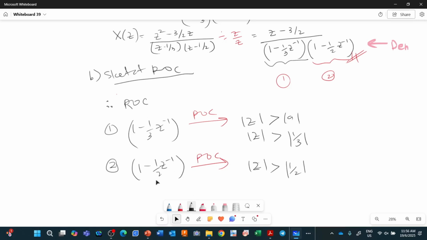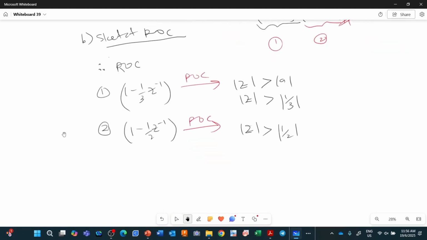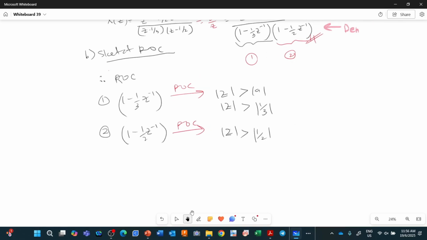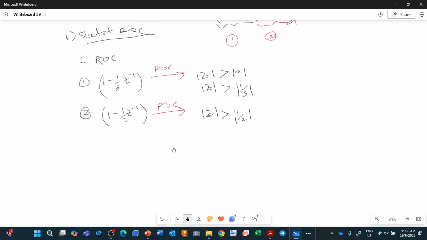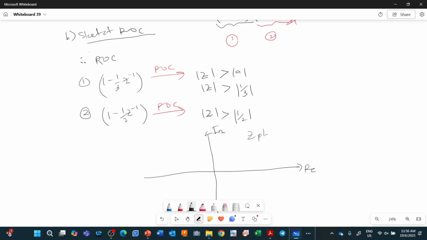Since the question asks you to sketch, you need to sketch the ROC. So draw the z plane first. Imaginary, real value, z plane. Draw the unit circle, minus 1, 1.